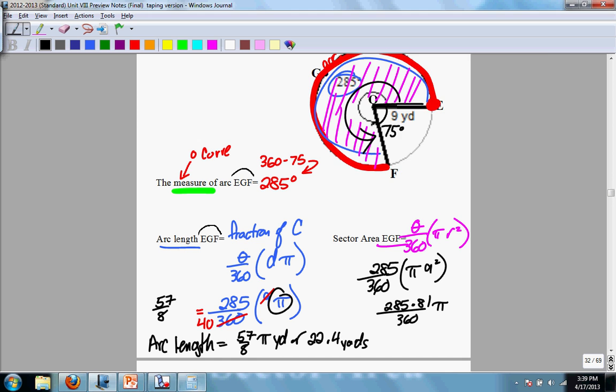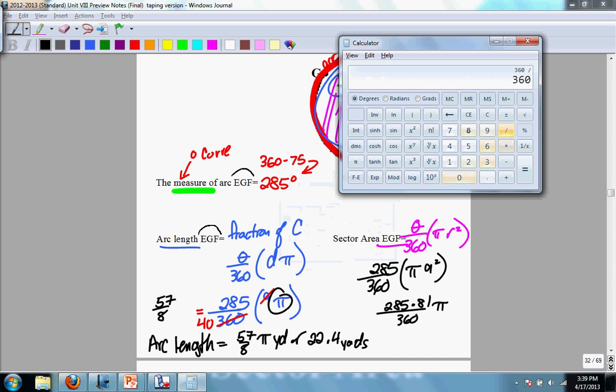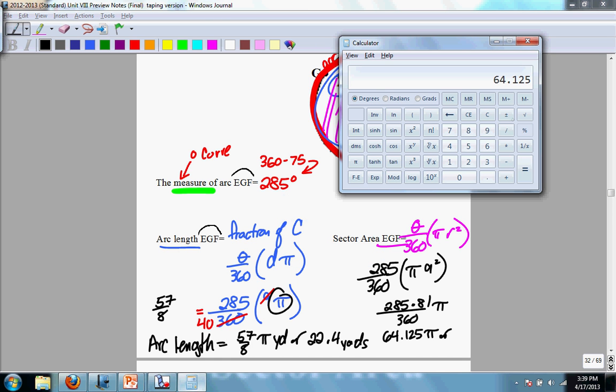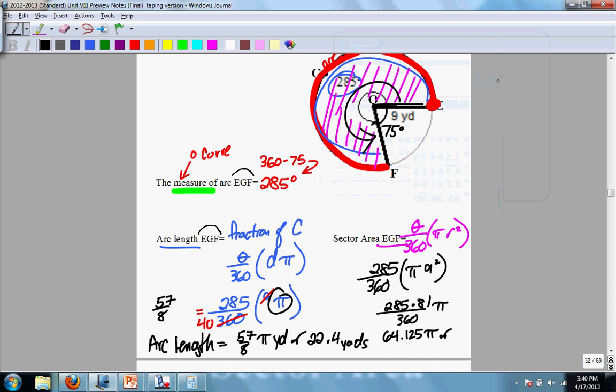Now if we want to reduce, I'm going to go 360 divided by 81 and see what I get. That doesn't go in evenly, so I'm going to do 285 times 81 equals, divided by 360 equals, and I get 64.125 pi, or we times that by the pi key, and we get 201.4. And this would be yards squared.